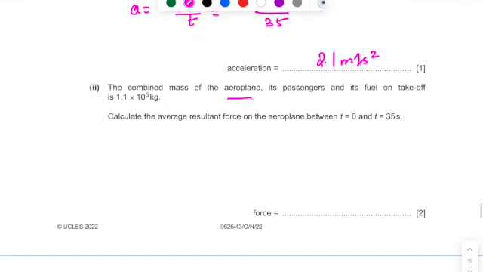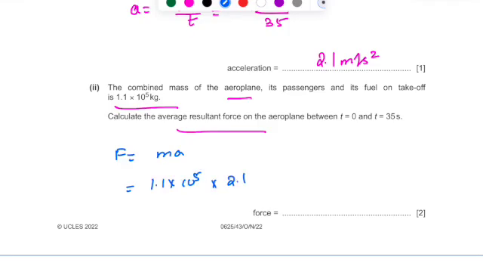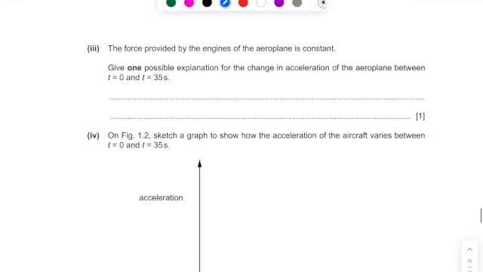The combined mass of the aeroplane and the passengers is given. Calculate the average resultant force. We know that force equals ma. The mass is 1.1 times 10 to the power of 5. Acceleration, just now we got 2.1 meters per second squared. So it's going to be 2.3 times 10 to the power of 5 newtons. The force provided by the engines of the aeroplane is constant.